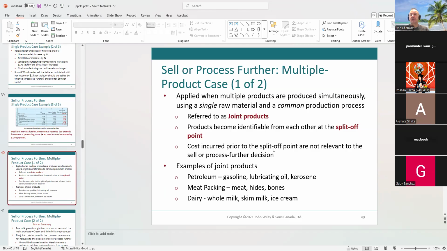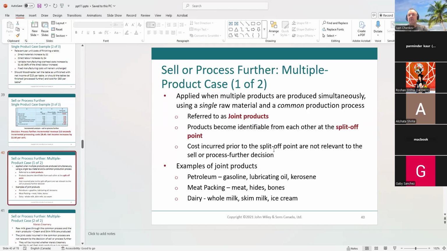That's a sunk cost, so it's not going to affect our decision of whether to process further or sell it as it is. An example of a single product that can be split into joint products is petroleum. From petroleum you can make gasoline, lubrication oil, and kerosene.